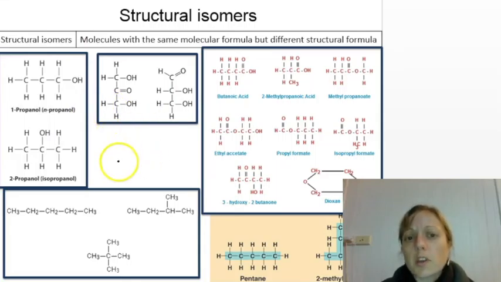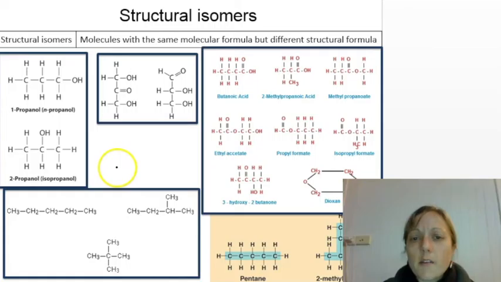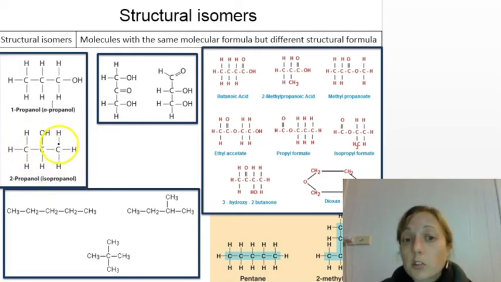Right, we also need to know about structural isomers. So isomers are the same molecule, but they've got a different arrangement in space. So if we have a look at these two versions of propanol, we can see that they're both propanol. They've both got the longest chain of 3 hydrocarbons. They've both got an alcohol group.